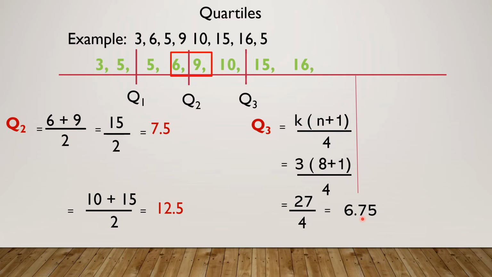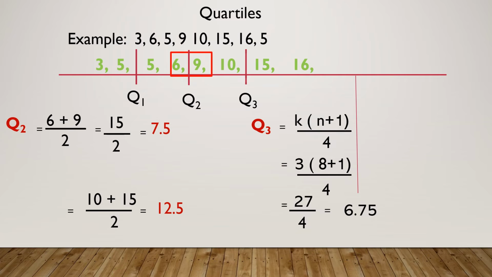So here, if you're going to use the formula, it's really very detailed. 0.75. Okay? What is that 0.75? That 0.75 is, of course, between 10 and 15, right?